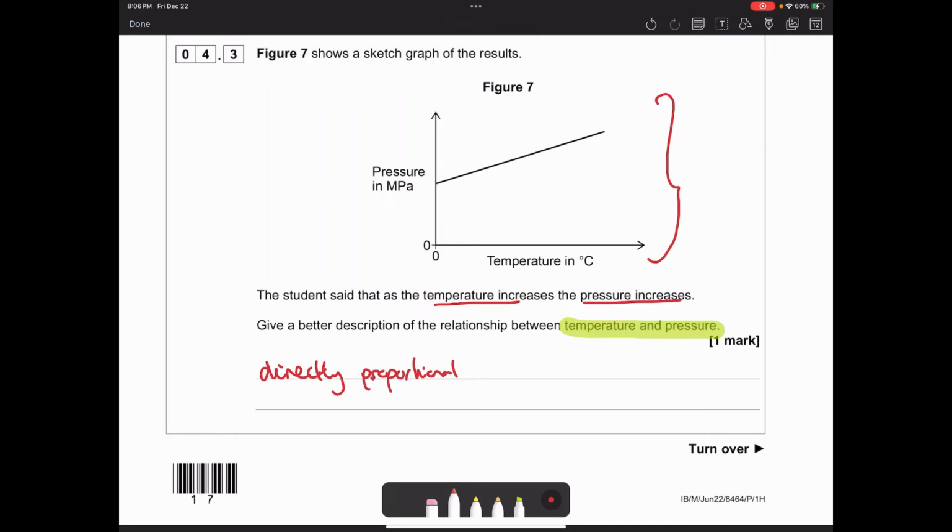If it was directly proportional, it would be going through the origin, and as one variable doubles, the other one doubles. That is not the case here. But what you can say is that it's a straight line, so therefore it's a linear relationship. If you've got a straight line, it's linear. If you've got a curved line in any way, it's non-linear.